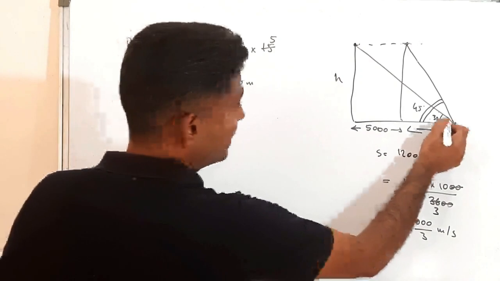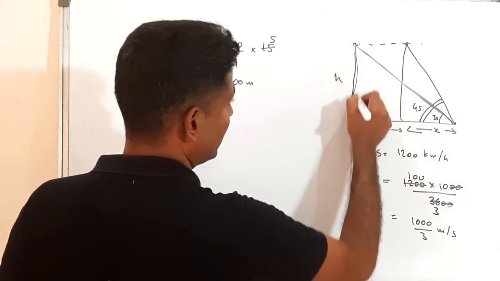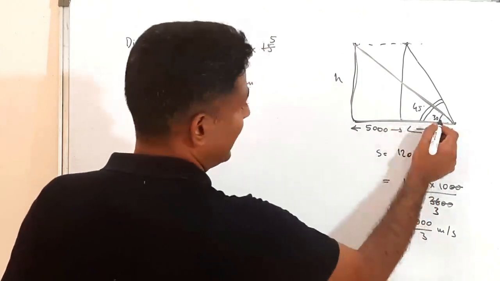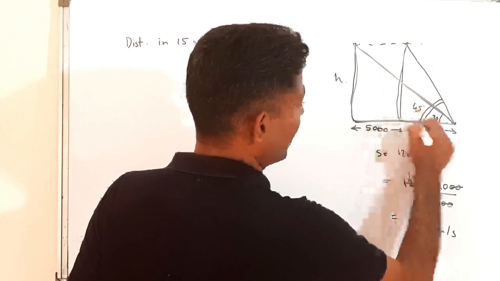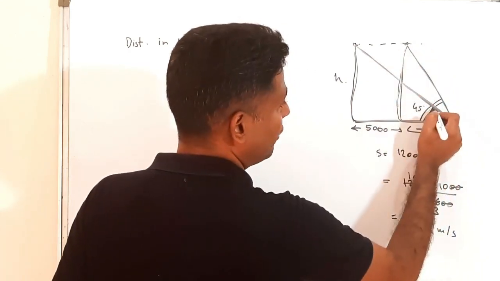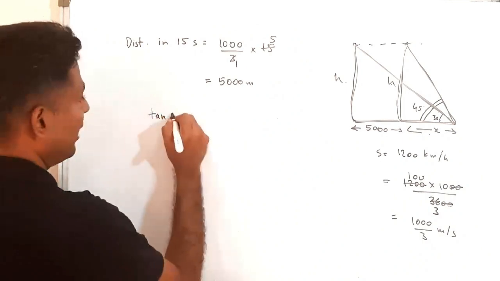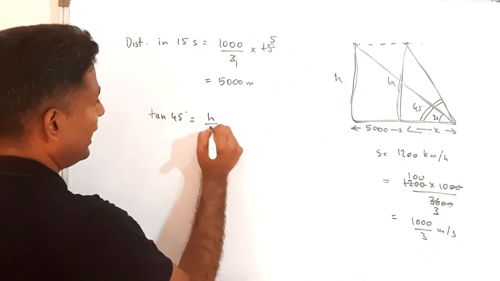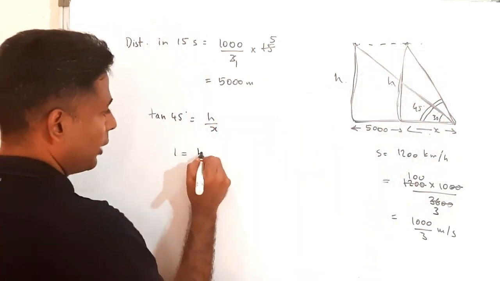Now first we have to take this triangle. Taking this angle, we have tan 45 equal to h by x. Tan 45 is 1, equal to h by x.